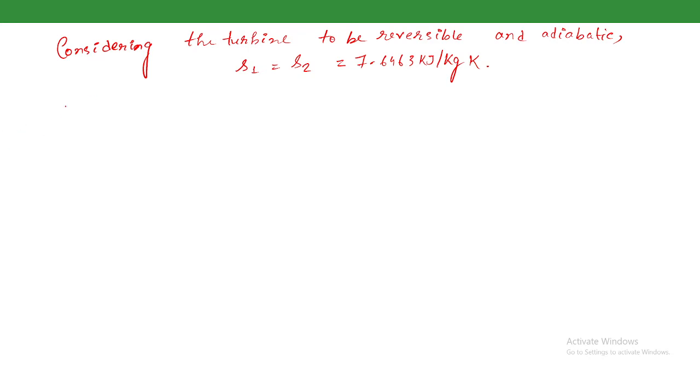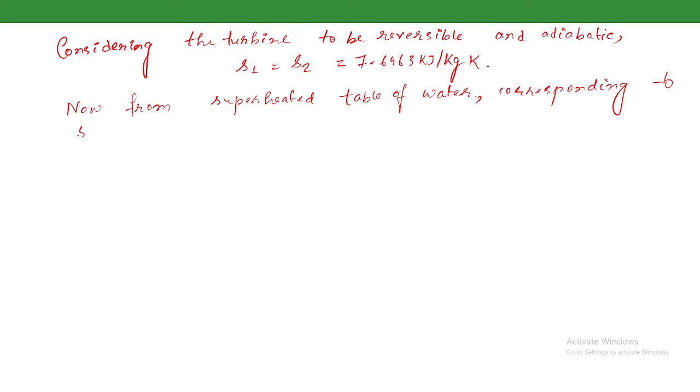Okay. Now from the superheated table for water, corresponding to 5 megapascal, when entropy is 7.6218 kilojoule per kg Kelvin, then the temperature is 750 degrees Celsius and the enthalpy is 4010.56 kilojoule per kg.